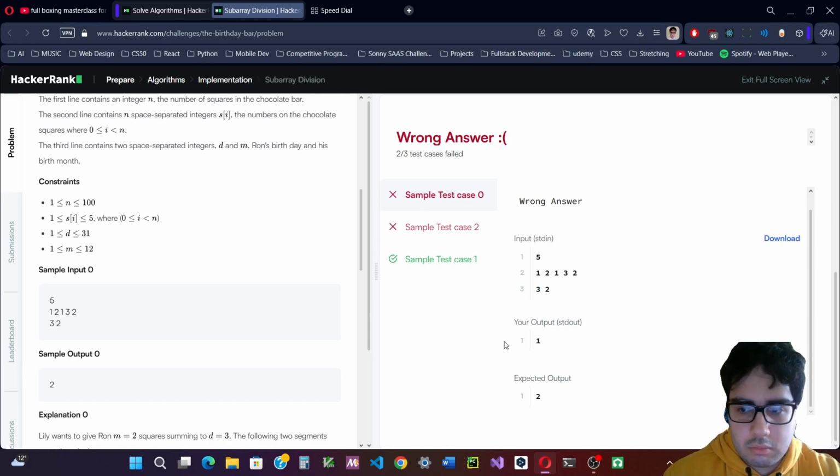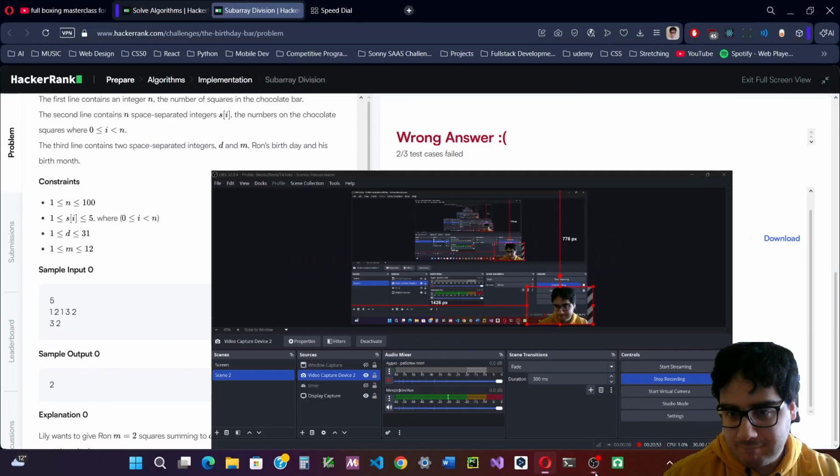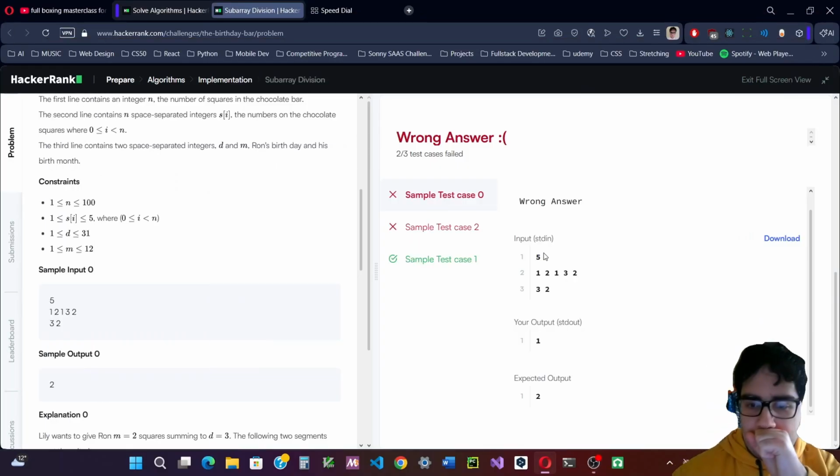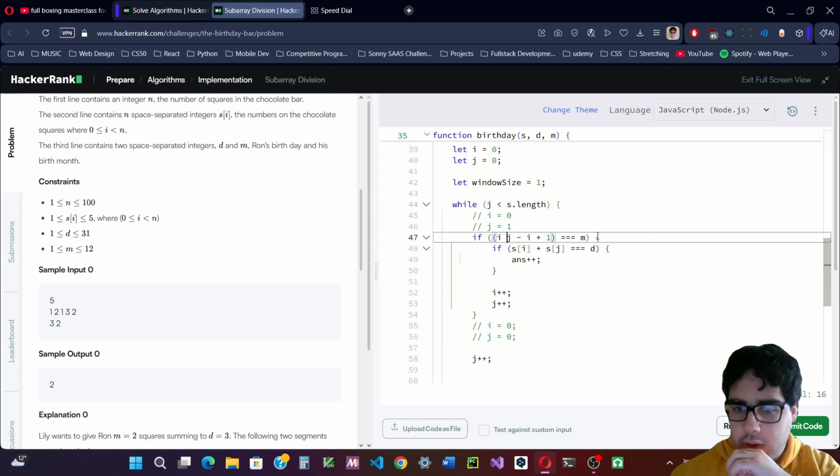Expected output is 2, but we get 1. Actually, this should just be j minus i.